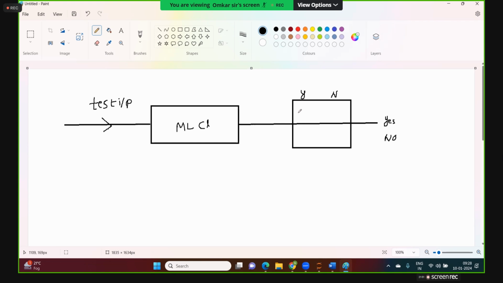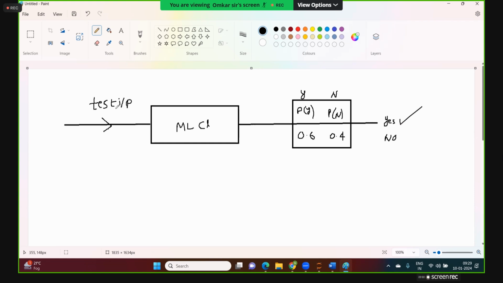For this test input, what is the chance of yes? It will give P of yes and P of no. Suppose P of yes is equal to 0.6 and P of no is equal to 0.4, and the final answer you will see as yes.